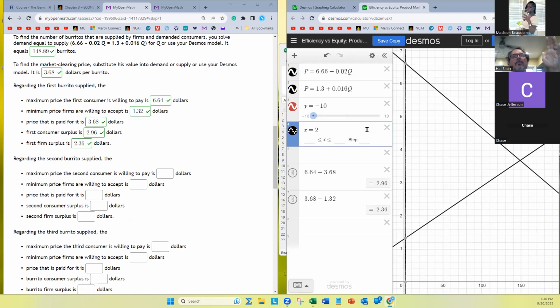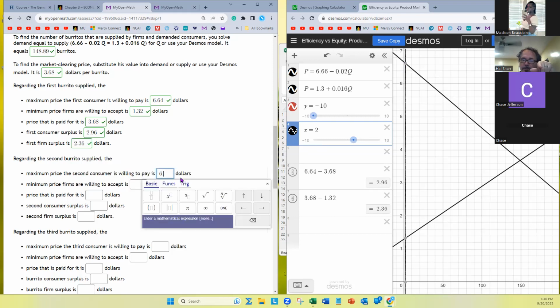Right now we're talking about the second person in line, the person with the second highest willingness to pay. Right? What is that person willing to pay? In my model, that person is willing to pay $6.62. They're not first in line, they're second in line, right?